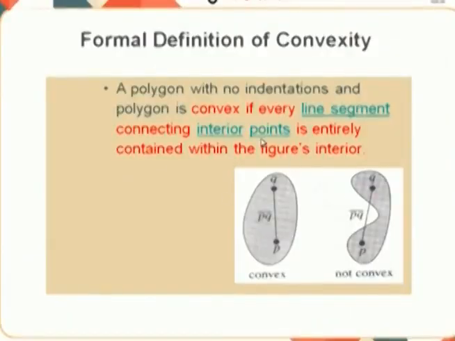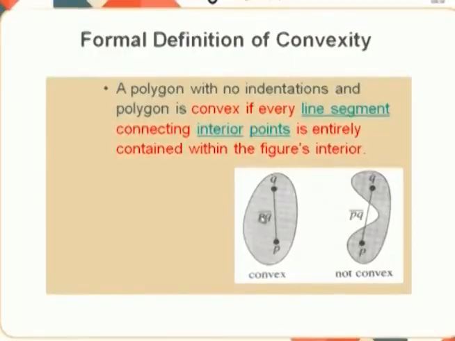You may wonder what convex is all about. Why are we saying this is a convex hull? The reason is very simple. The formal definition of convex is a polygon with no indentations, and we can say a polygon is convex if every line segment that connects interior points lies within the polygon itself.